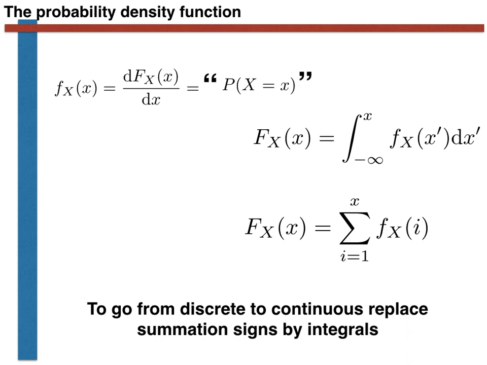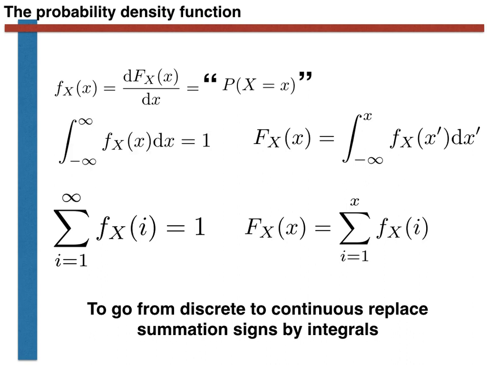This equation for doing this is shown here. If you remember, for these discrete random variables, we also had that the sum of all the elements of the probability mass function was equal to 1. We have a similar condition for the probability density. The integral of the probability density over all space is equal to 1.